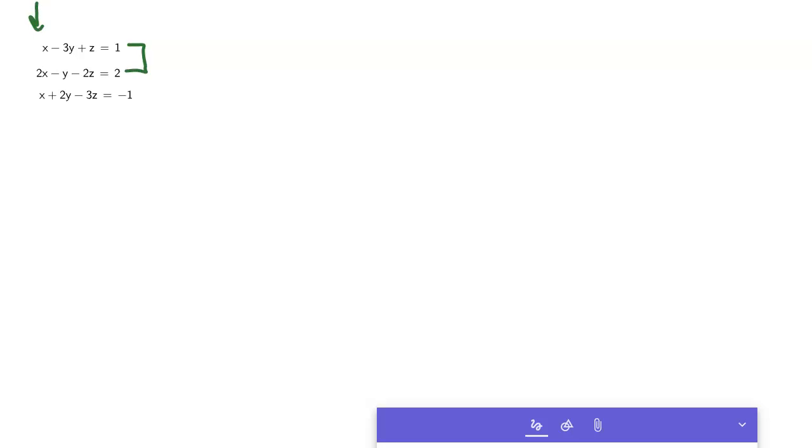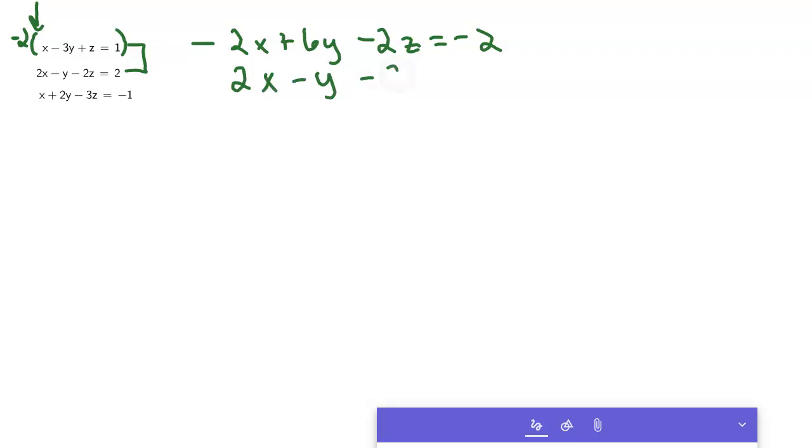So if I multiply this top equation by 2, well, in fact, negative 2, and add it to the bottom, so you'd have negative 2x plus 6y minus 2z equals negative 2. And your middle equation, I'm just going to leave it exactly like it is, minus 2z equals 2.